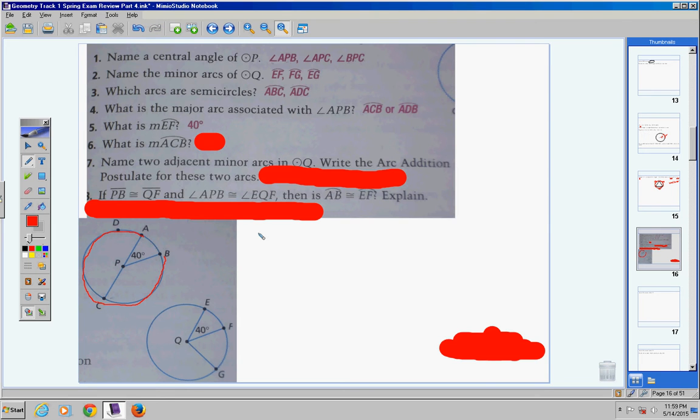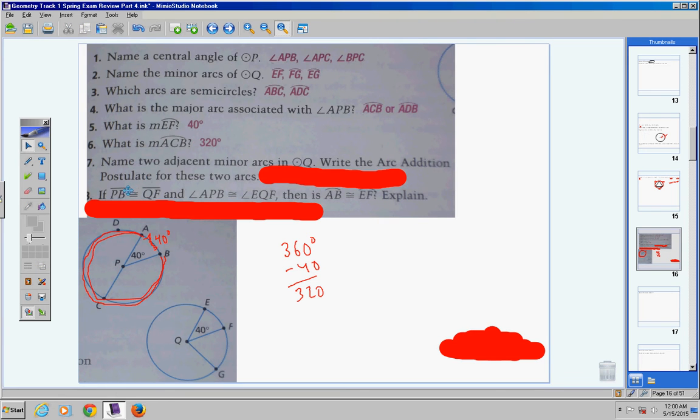Do we not know the measure of this arc right here? So if the central angle is 40, then this arc right here is 40. Now, if that arc is 40, then the rest of the circle has to add up to 360 degrees. So if I take 360 and subtract out that 40 degrees, I will get 320 degrees, and that is the answer. The answer is 320 degrees.